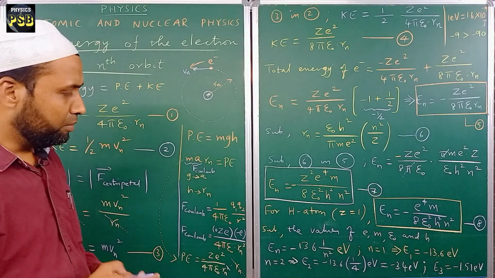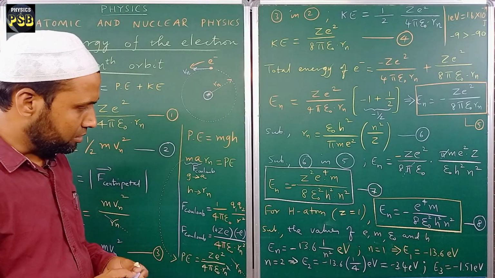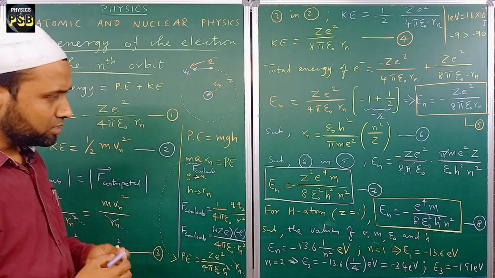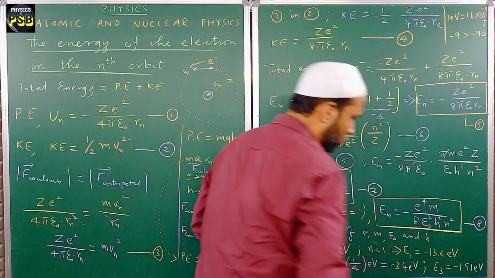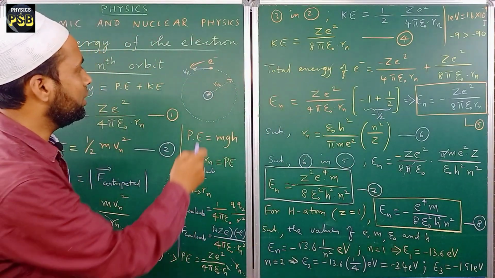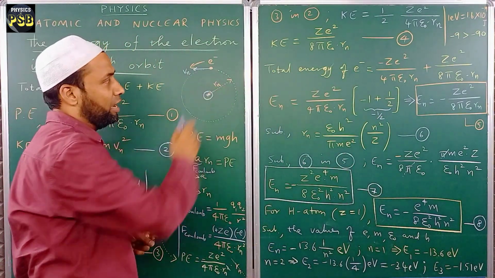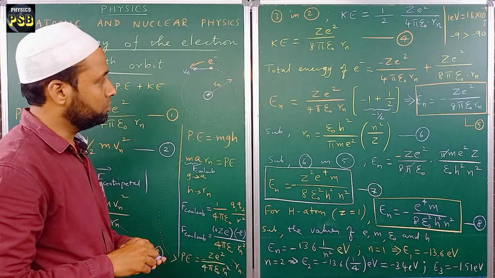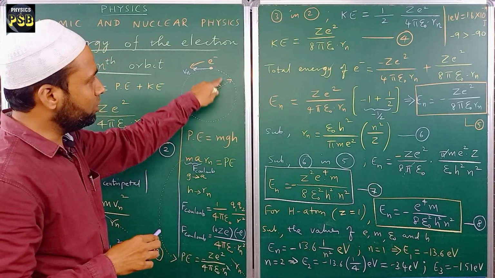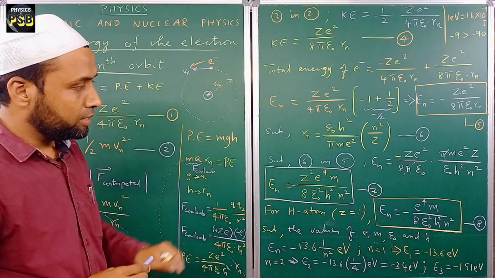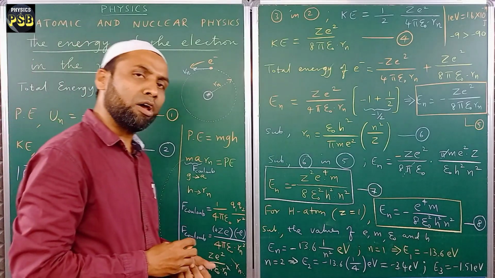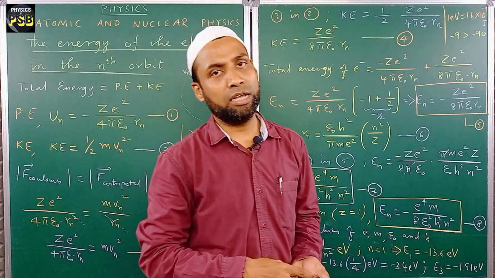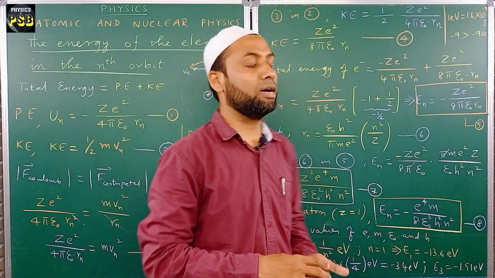Fine. Before I conclude, let me provide some more information. Here, minus 13.6 electron volt is the energy of the electron present in the ground state of a hydrogen atom. This is taken as a unit for measuring energy, and we call this value the Rydberg constant.